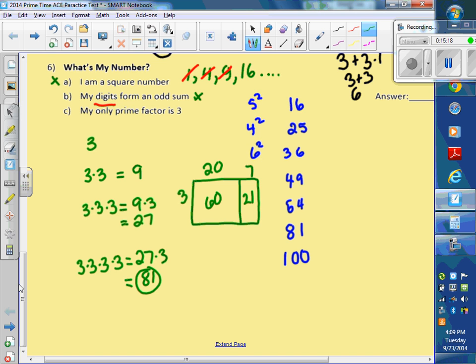So you could say, write your square numbers out and then add the digits up. 1 plus 6 equals 7. So that works.